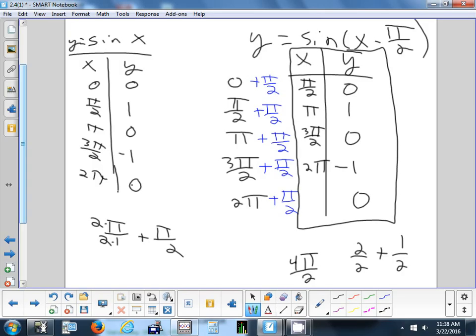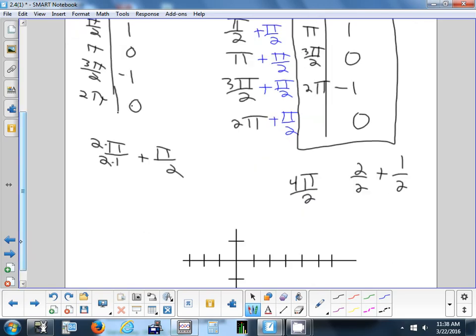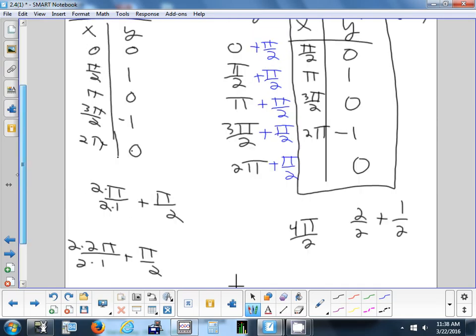That was the one we did before. Now we've got 2 pi plus pi over 2. What's our common denominator? 2. So it's 4 pi over 2 plus 1 pi over 2. That's 5 pi over 2.